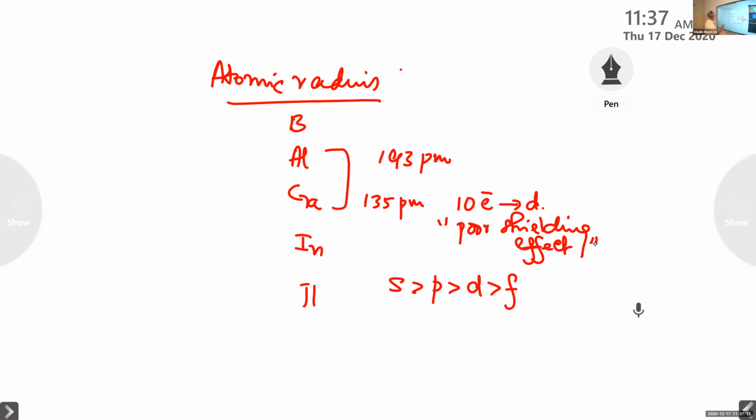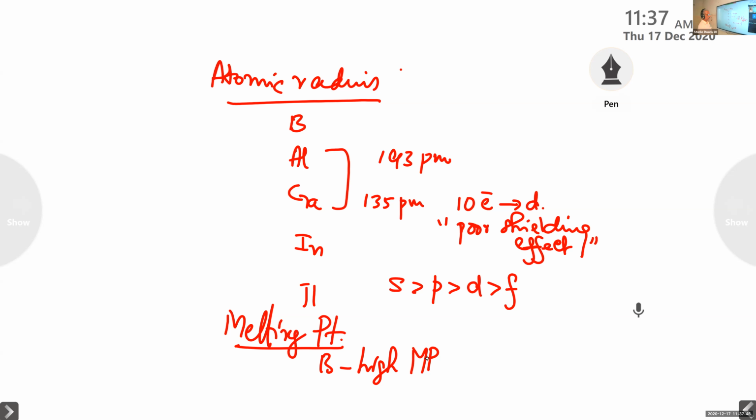Now let us think of the melting points. Here we have to see the melting point of only one metal specially, and that is the melting point of gallium. You take the case of boron. Boron, the first member, has very high melting point.